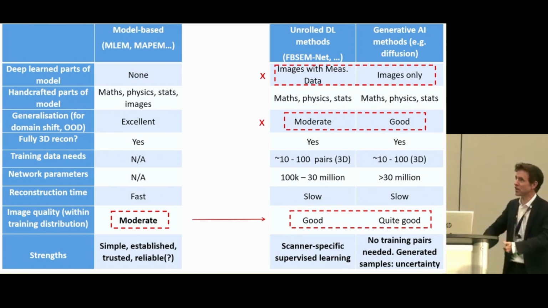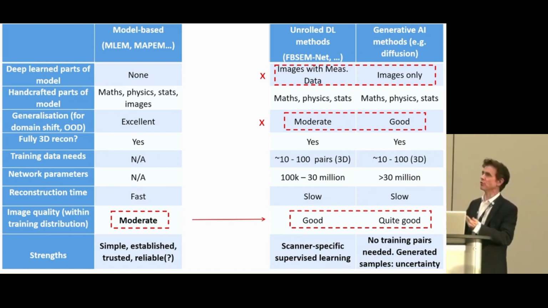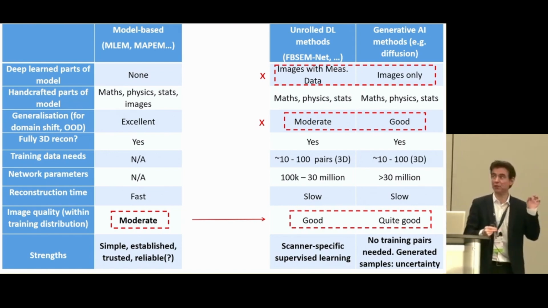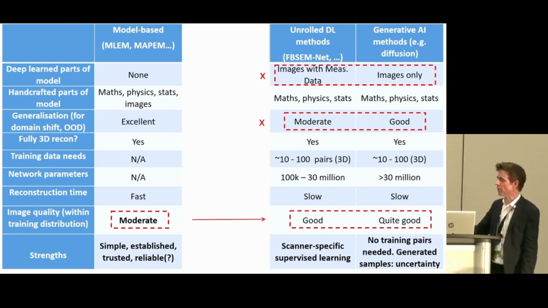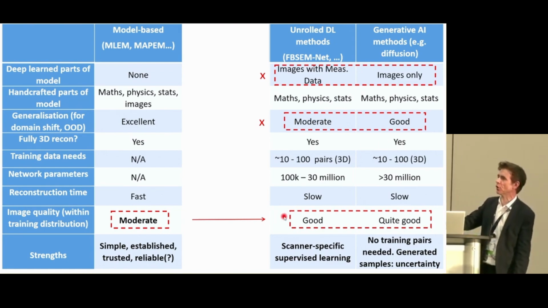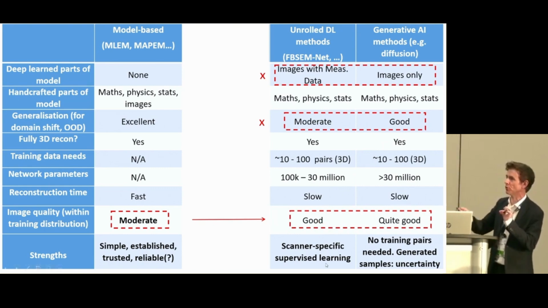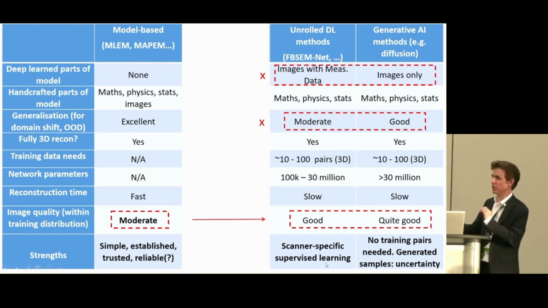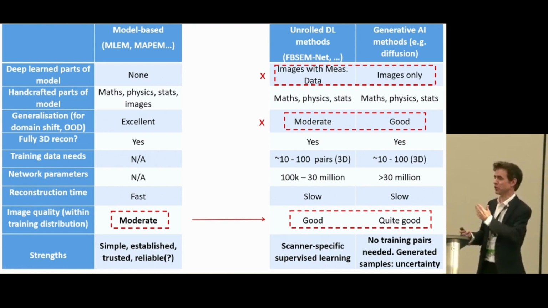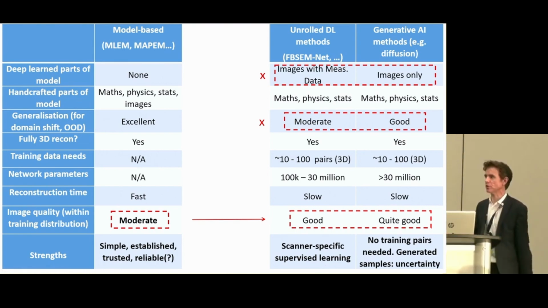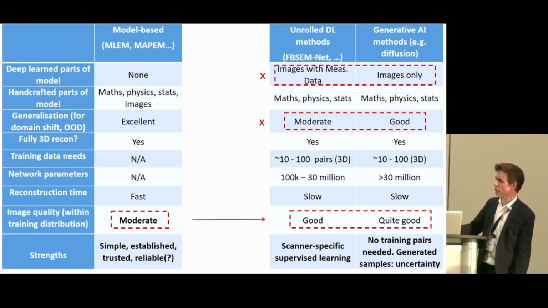We're now just learning the manifold of high quality images, just learning that P of X, although that's going to come at the loss of image quality, not always doing as well when we're within distribution as the unrolled deep learning methods. FBSEM net will always do better if you give it a test time example that corresponds to the training domain.